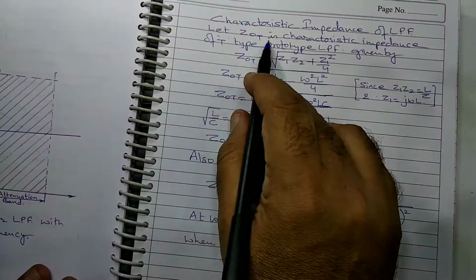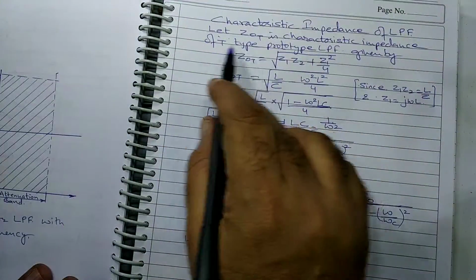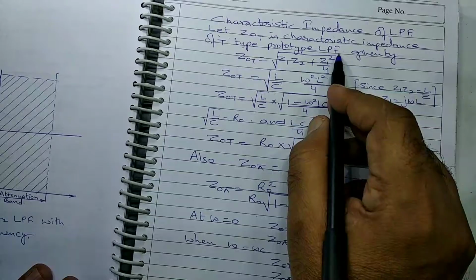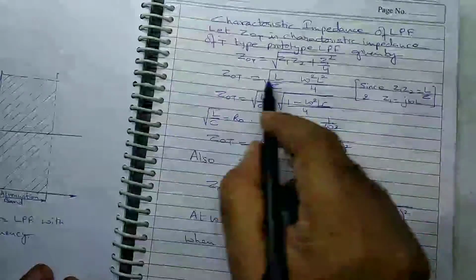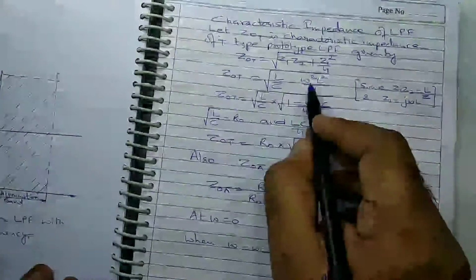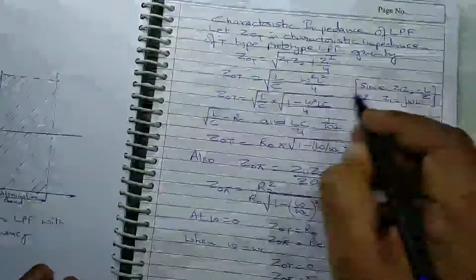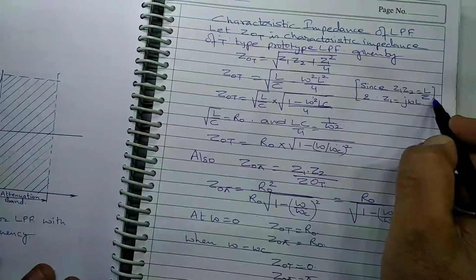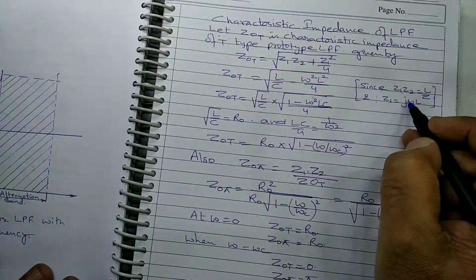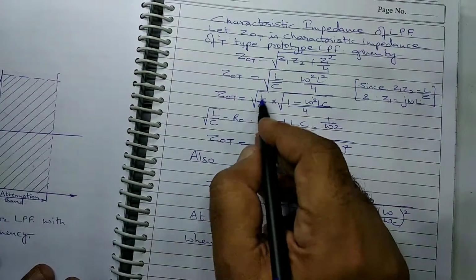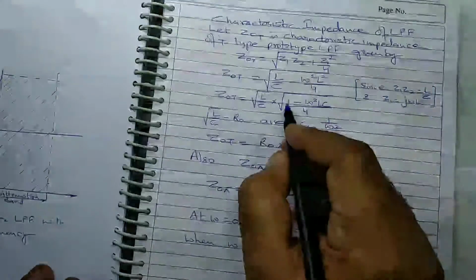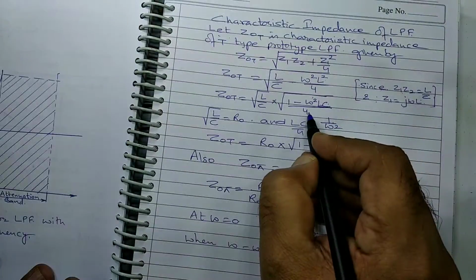Let ZOT be the characteristic impedance of a T-type prototype low pass filter, given by ZOT is equal to under root of Z1 Z2 plus Z1 square by 4. So ZOT is equal to under root of L by C minus omega square L square by 4, since Z1 Z2 is equal to L by C and Z1 is equal to j omega L. So ZOT is equal to under root of L by C into under root of 1 minus omega square LC by 4.